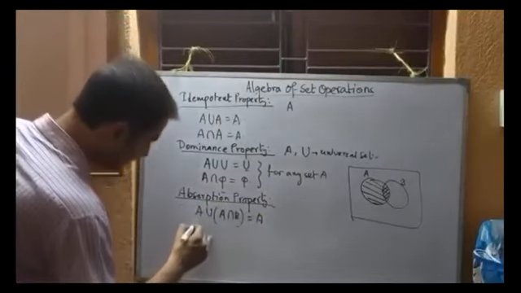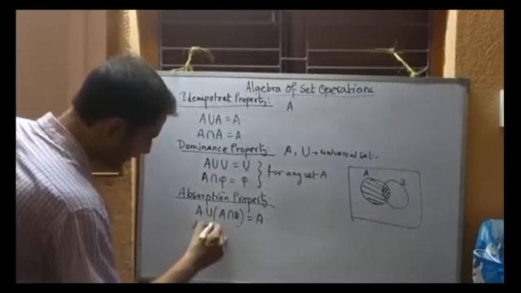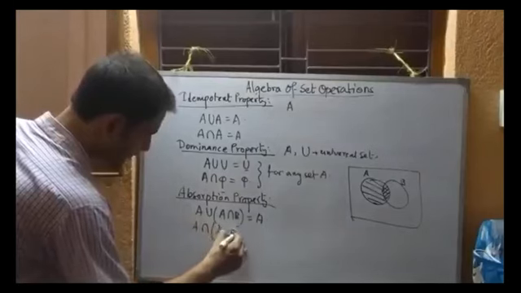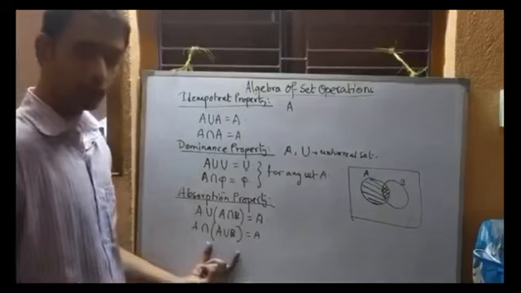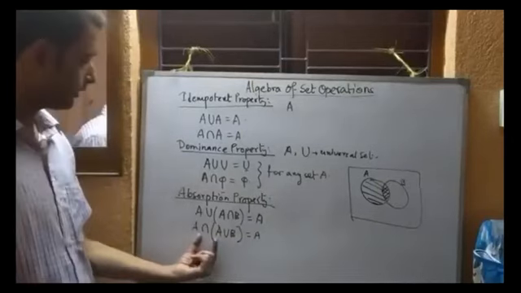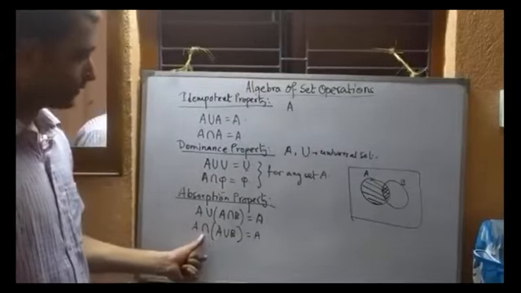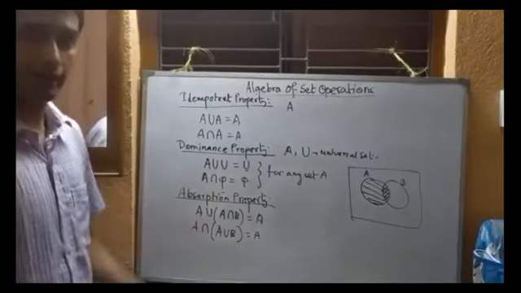And similarly, the absorption property with intersection will be this. If you take the larger set A union B and take the intersection with A, then you will get back A again.